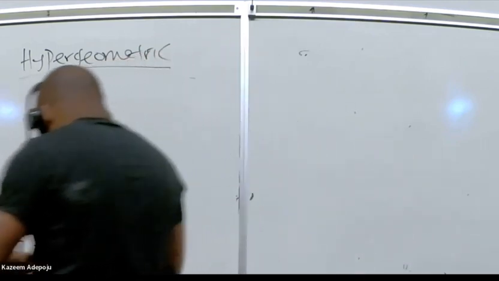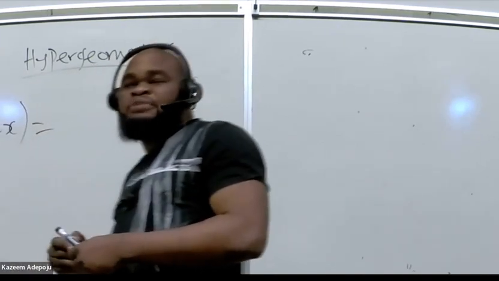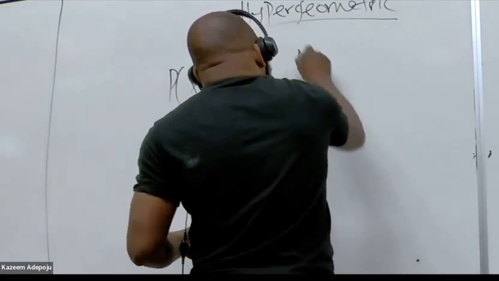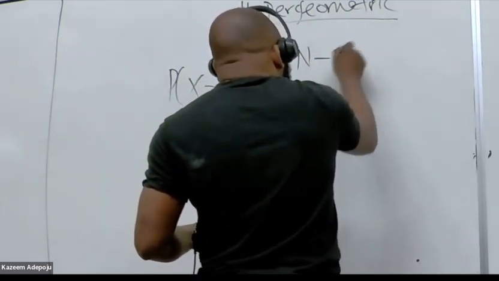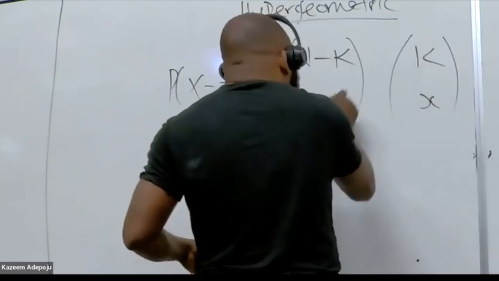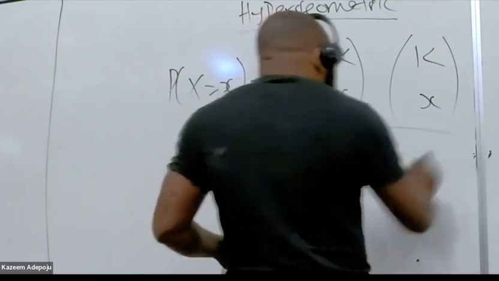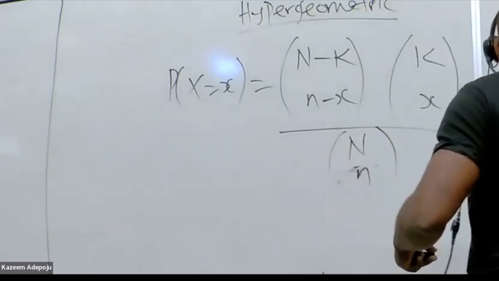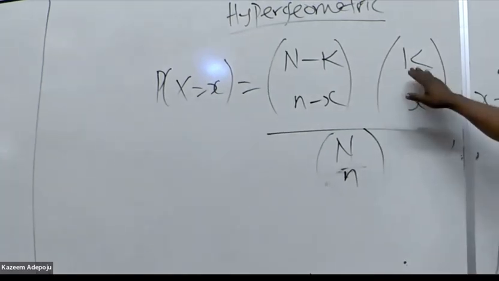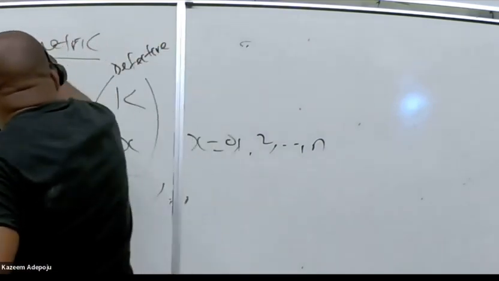Okay, so the probability mass function for hypergeometric is basically going to be K choose x times N minus K choose n minus x, divided by N choose n, and here x starts from 0, 1, 2 up to n. Maybe K is defective and the rest is not defective.